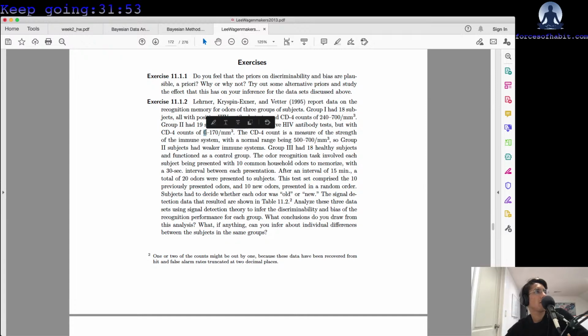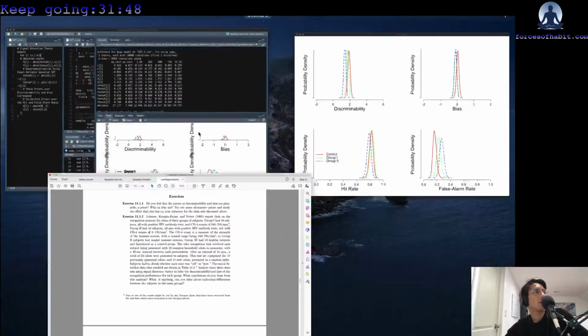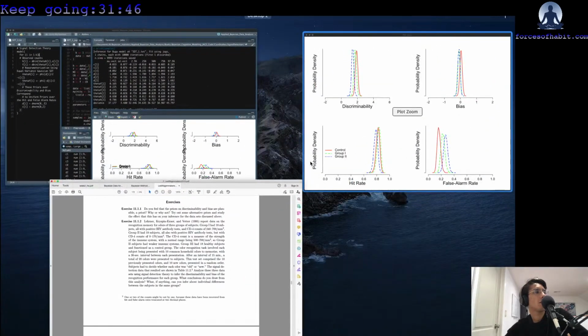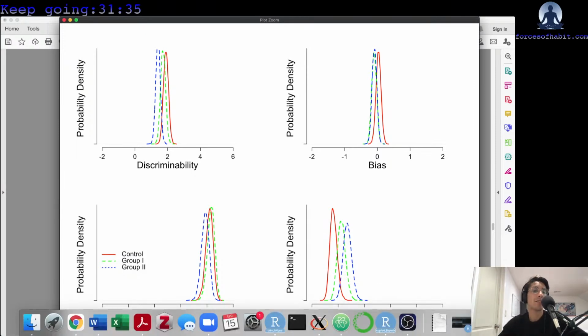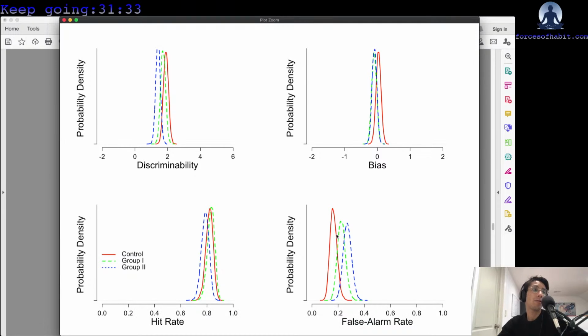So they just have lower CD4 counts. Really, really low CD4 counts seem to be impacting olfactory sensors here, where the average range is like 300, 400 or something it said.